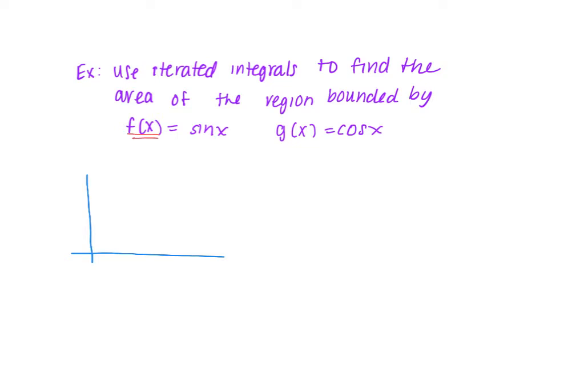So sine is like this. And I can put my boundaries. This is pi over 2, pi, 3 pi over 2, 2 pi, and obviously 0. And I'm going to graph my cosine function in green.